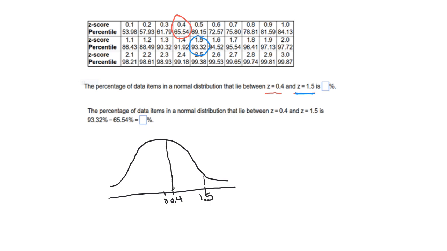Hopefully this will make sense. Now, when we look up that percentile for 0.4, remember it's finding the percentage to the left of the z-score. So it's finding all of these items here to the left. And when we find the one that matches 1.5, we find everything that is to the left of 1.5.